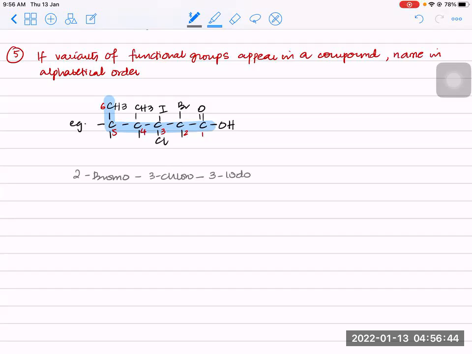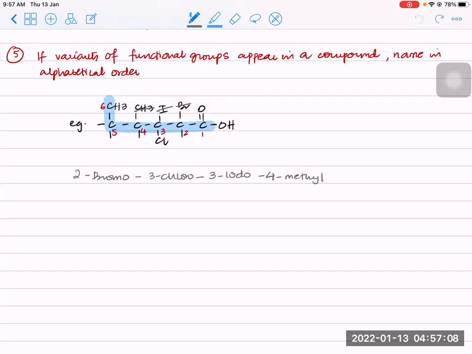Do you see? We are naming alphabetically. Between a letter and a number, you put a dash. Now you also have an alkyl sticking out on carbon number 4, so you will call this 4-methyl. So you've named this, this, this, and this.